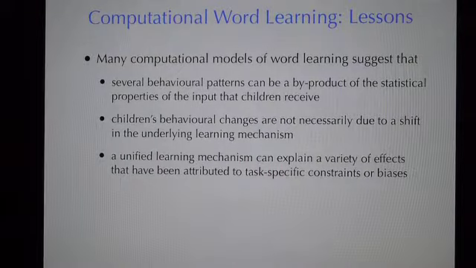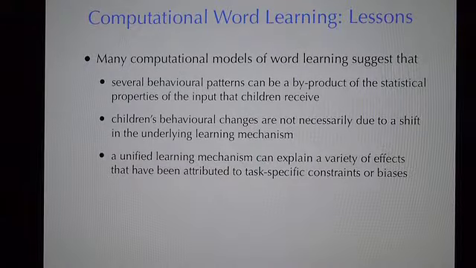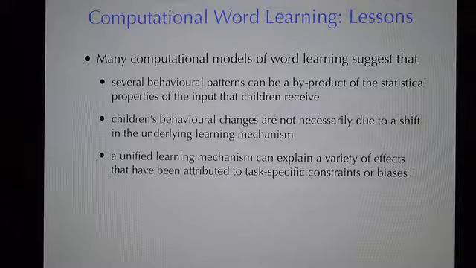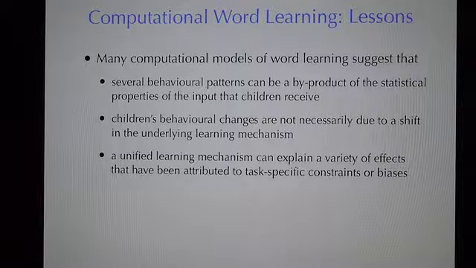So I want to summarize the lessons that models such as the ones we discussed in this lecture actually give us. Many of these computational models suggest that several behavioral patterns that we want to find an explanation for can be a byproduct of a statistical learning mechanism that actually exploits the properties of the input data.